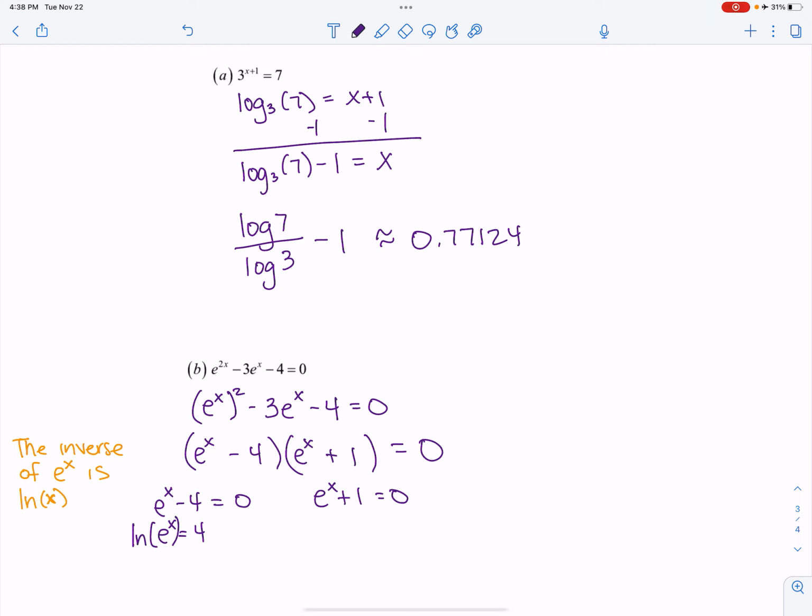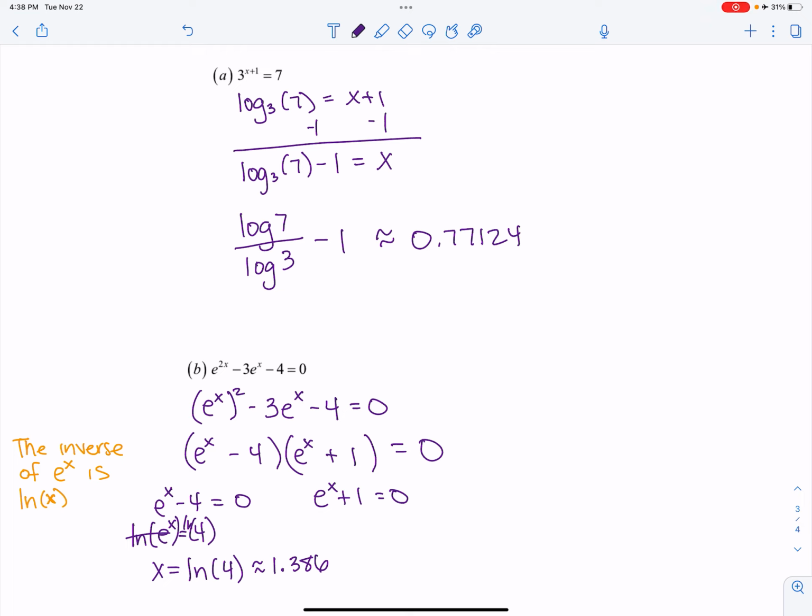Natural log of this and the natural log of this. So natural log cancels out e, x equals the natural log of 4. If we throw that through the calculator, the natural log of 4 is about 1.386.